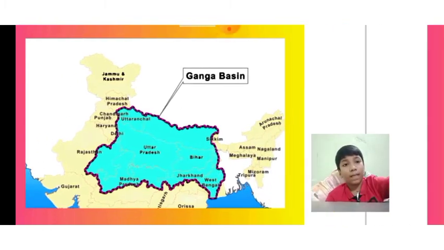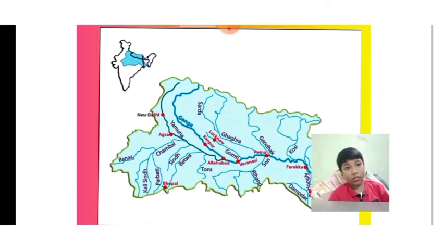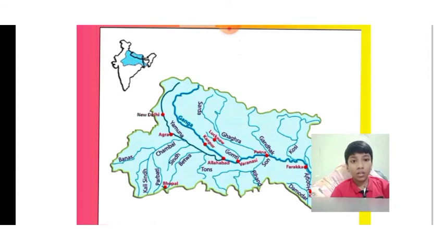And we saw the tributaries of Ganga. The main tributary is Yamuna. We saw tributaries like Banas, Kali Sindh, Parbati, Chambal, Sindh, Betwa, Tons, Rihand, Son, Damodar, Hooghly, Gandak, Kosi, Ghaghra, Sarda.